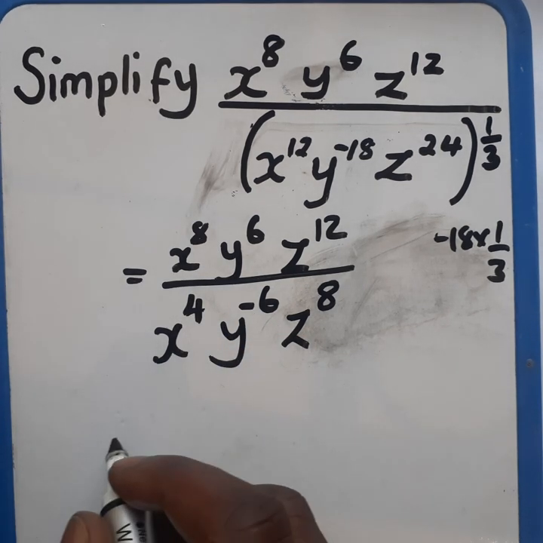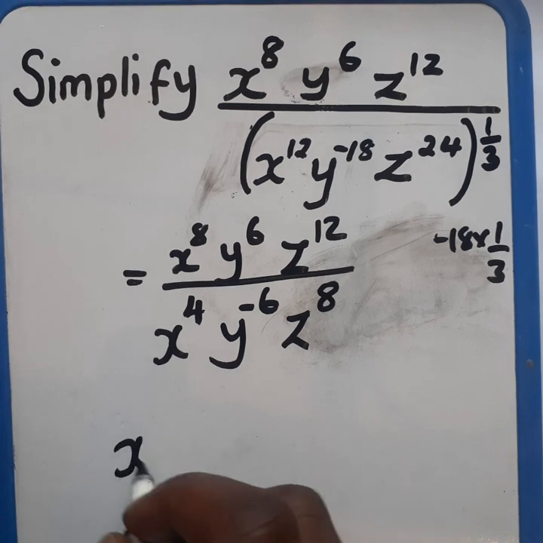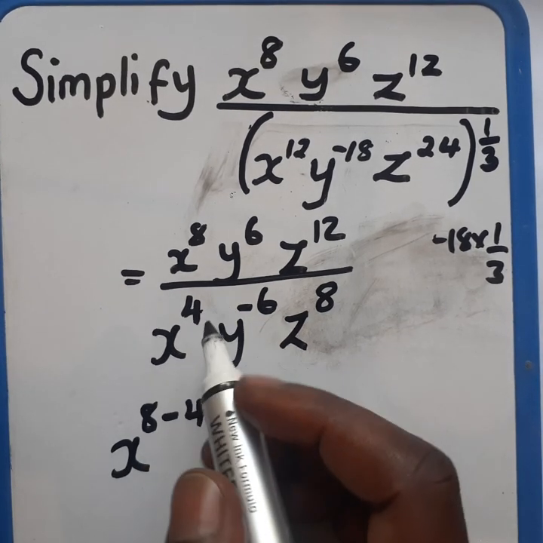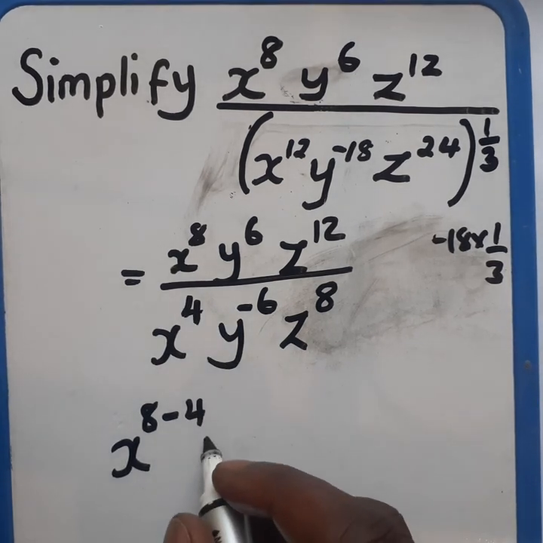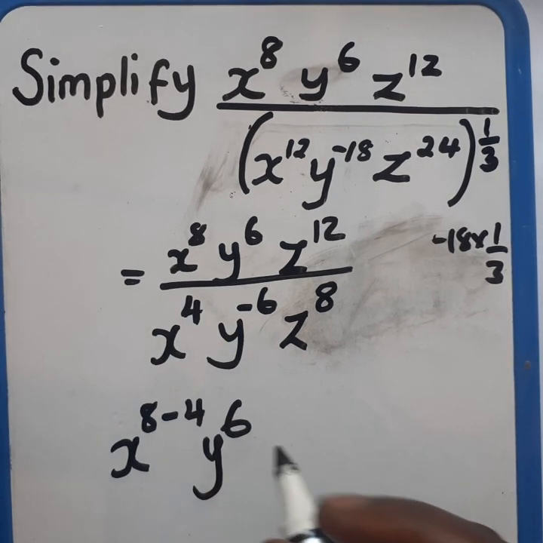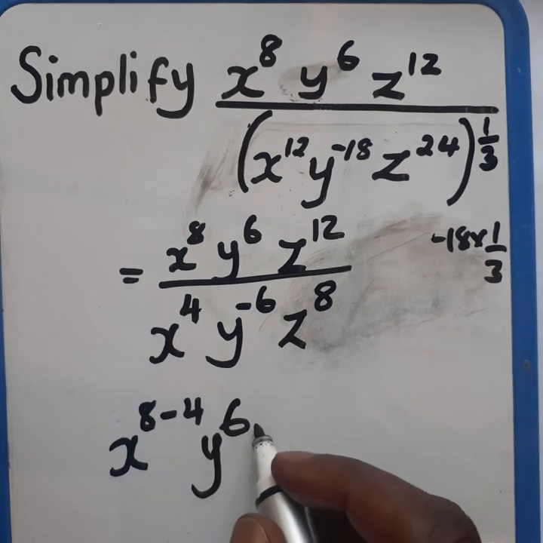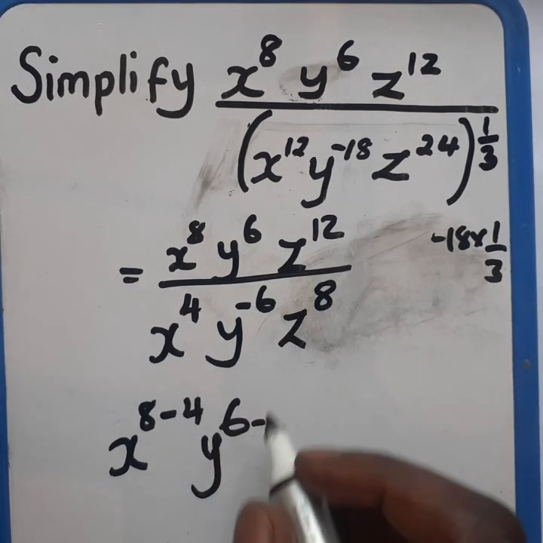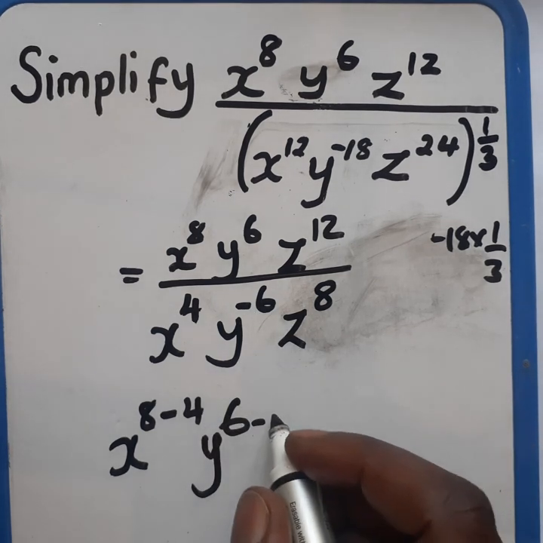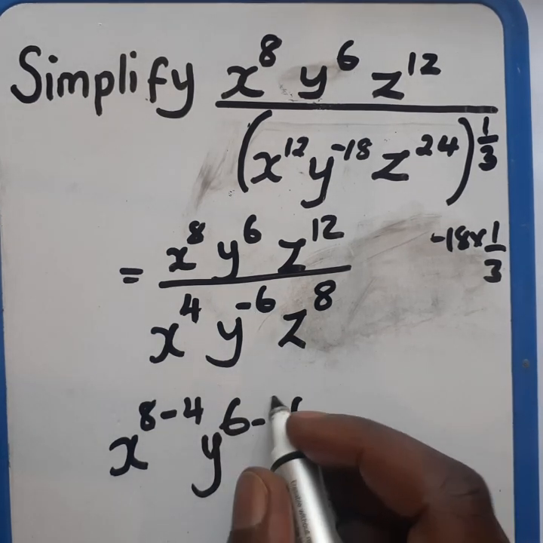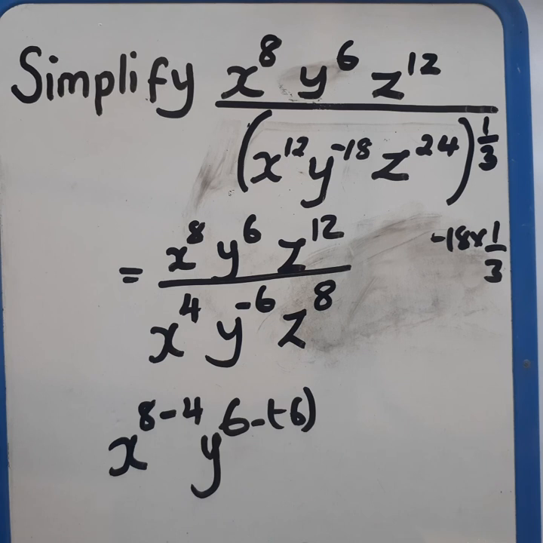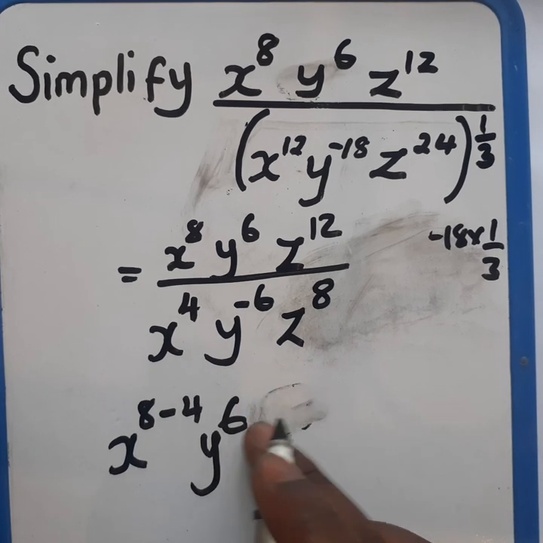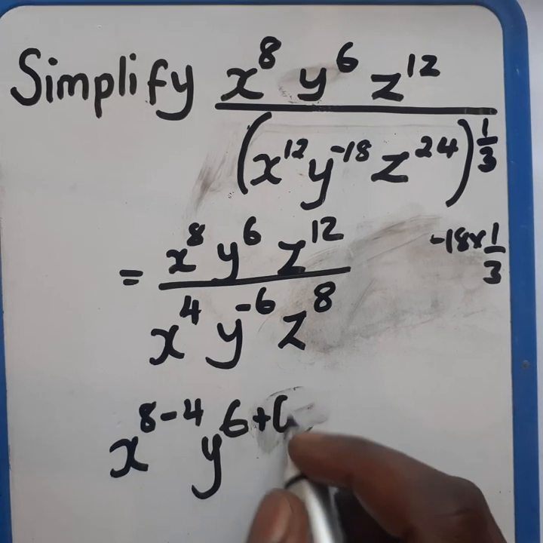So on x, we have 8 minus 4. For y, we have 6 minus negative 6. Because of the minus and minus, this is going to give us plus 6.